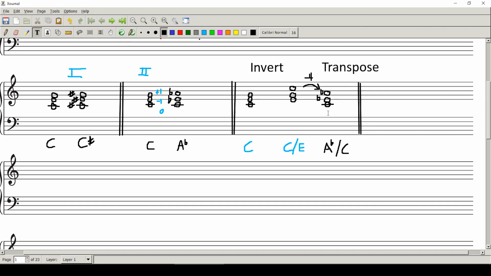They're kind of like parallel modes, like C major and C minor as scales, starting on the same note, but treating a different note within the collection as the tonic. So instead of saying invert, we can say change mode. Go from the first mode of the major triad to the second mode of the major triad.